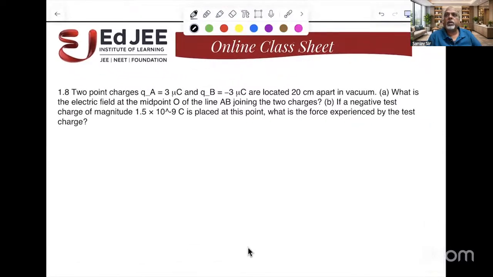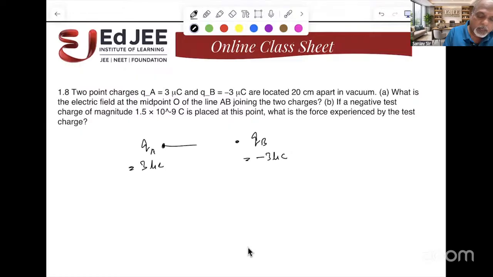Now let us see question number 8. Two point charges QA and QB are located 20 centimeter apart. QA has a value of 3 microcoulomb and QB has a value of minus 3 microcoulomb. The distance between them is 20 centimeter.